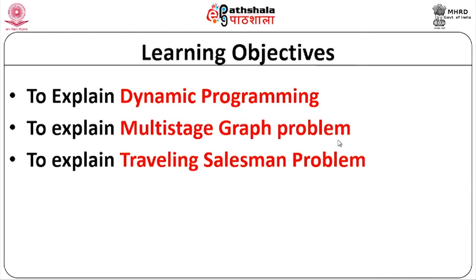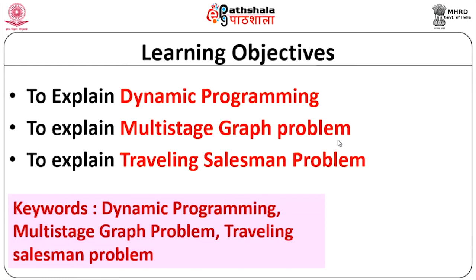Then we are going to discuss the traveling salesperson problem, which is a very popular problem in the computer science domain. So, we will discuss the traveling salesperson problem first, then we will discuss multistage, then we will see how the multistage problem can be modeled to solve the traveling salesperson problem also.